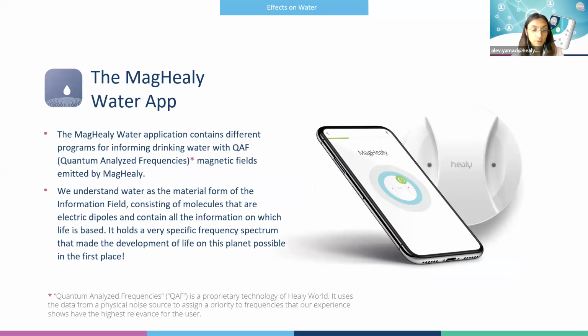And of course, we are using this effect in the water programs. And we understand basically water as the material form of the information field. So everything complex that's saved in the information field, so every information basically, you can also go to water, and water carries lots of information in all kinds of different forms.